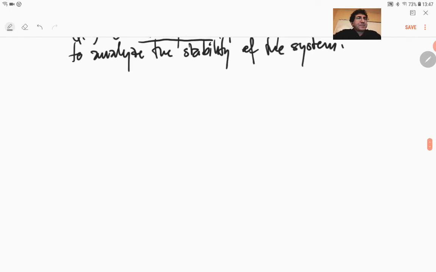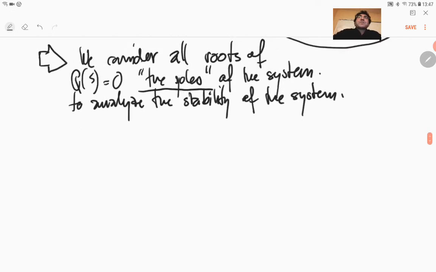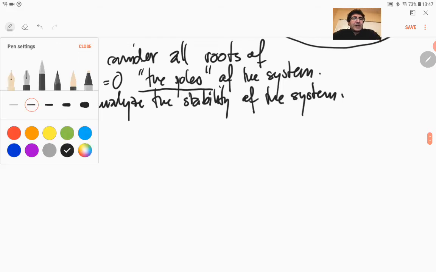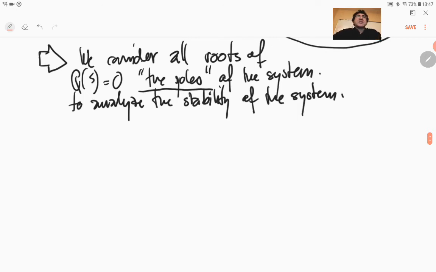Right. So what are our statements on those poles of the system? For the majority of systems, we have the following results in terms of stability.